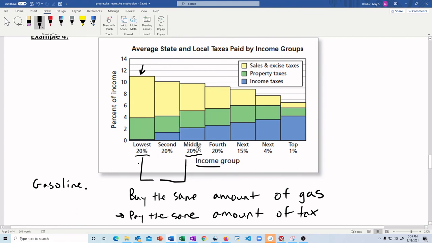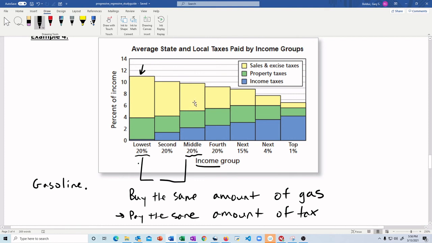And again, when I say that, I just mean as a percent of their income, because the group in the lowest 20% makes less money. So that same gas tax is a larger chunk of their income that they have to use on gas, compared to this person. They don't have to use the same percentage of their income on gas.